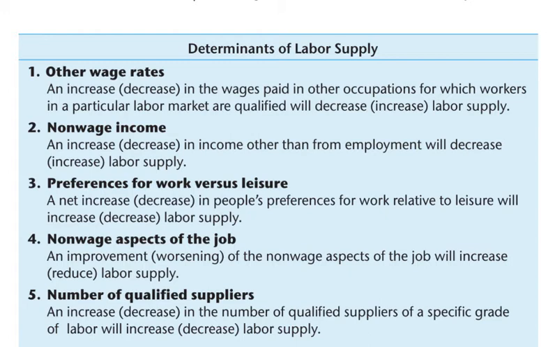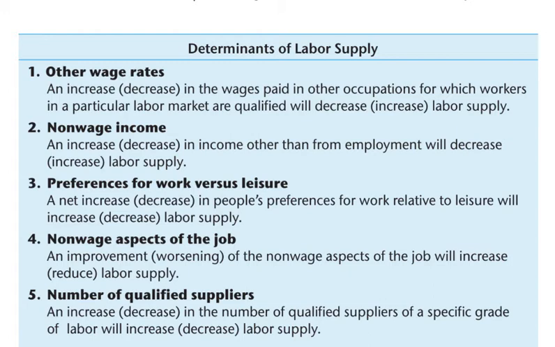These people with paralegal qualifications can also apply for secretarial jobs. Because of the change in other wages, it shifts the supply of paralegals. Now less supply of paralegals takes place in the economy, and the supply curve for paralegals shifts to the left.